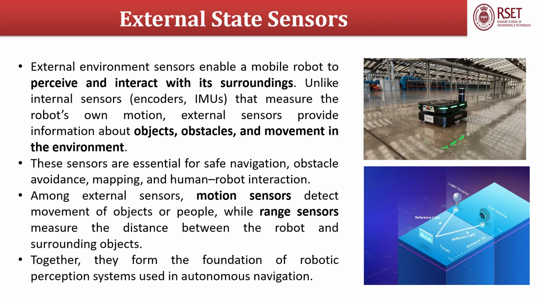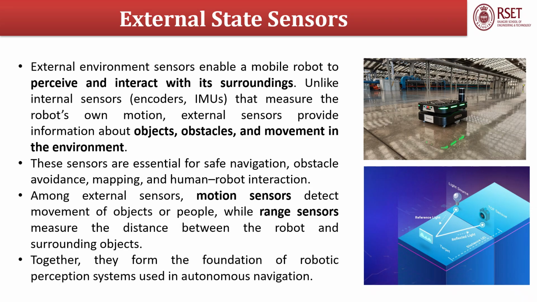External environment sensors enable a mobile robot to perceive and interact with its surroundings. Unlike internal sensors, where we have seen encoders and IMUs that measure the robot's own motion, external sensors provide information about objects, obstacles, and movement in the environment.